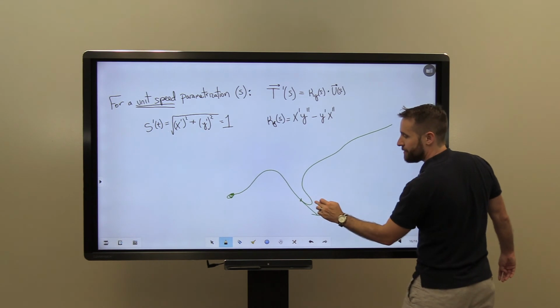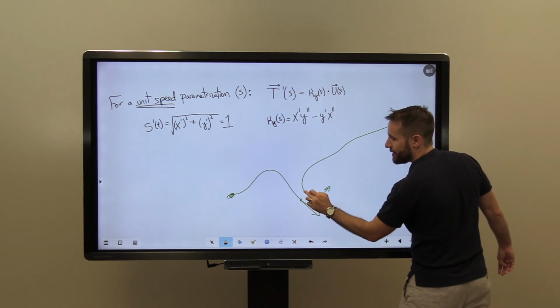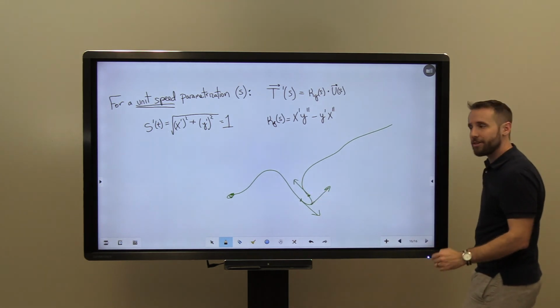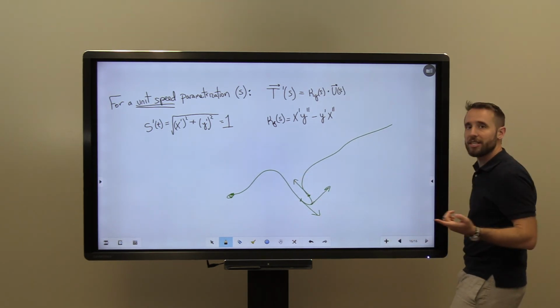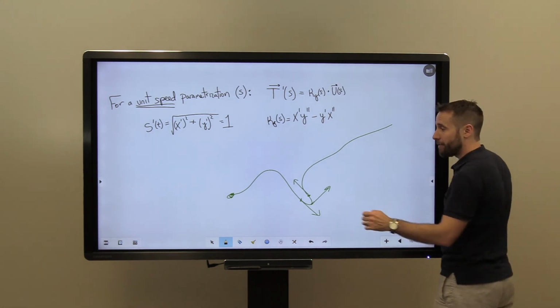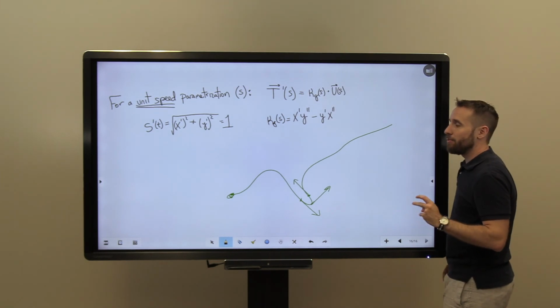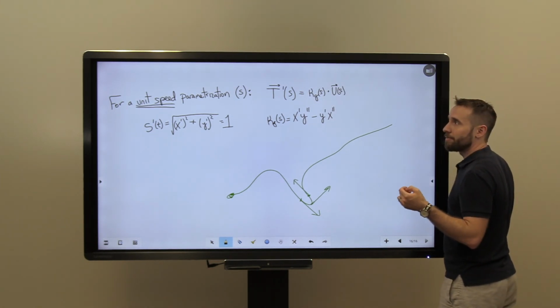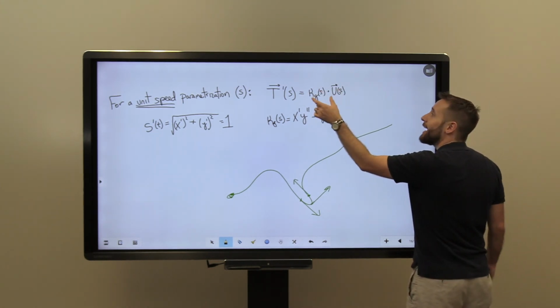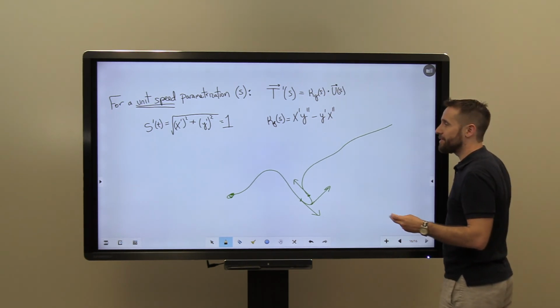Here's the unit tangent vector one moment, here it is the next moment, here it is the moment after that. That unit tangent vector is just whipping around and changing its direction radically. And so in areas of high curvature like this, the derivative of the unit tangent vector will be very large in magnitude, and in return, we'll end up with a high curvature measurement, a large curvature measurement.